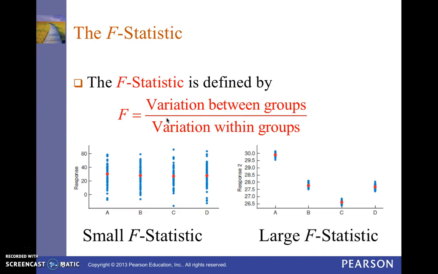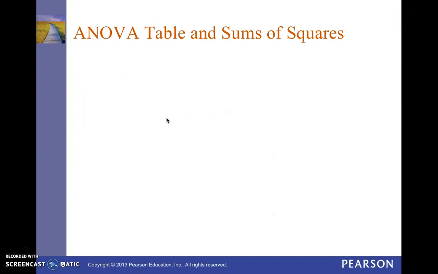So the larger the F statistic, the more it suggests that you're getting more of an effect, that there's more likely going to be a situation where the difference between groups is statistically significant.